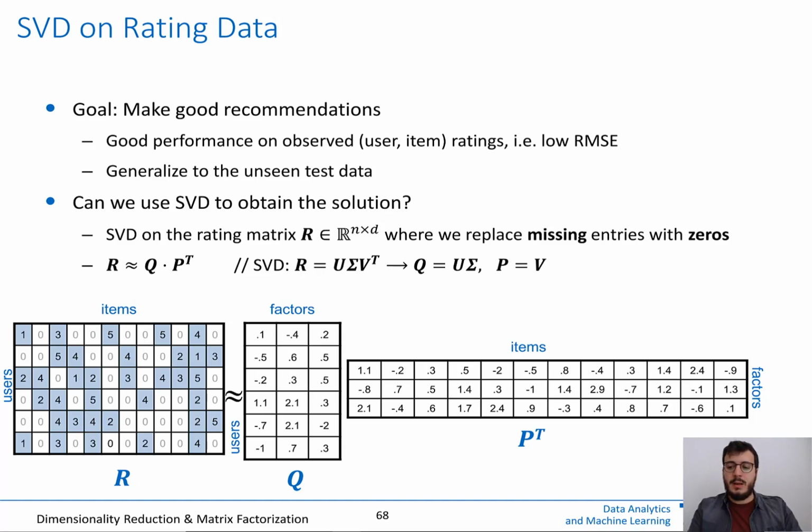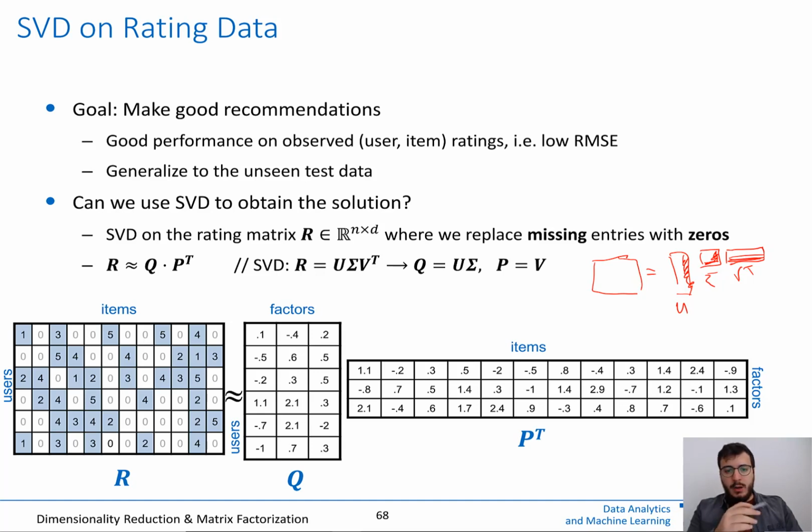Just again, as a reminder, any matrix can be decomposed into U, which is a unitary matrix, sigma, which is a diagonal matrix, and V transposed, which is also a unitary matrix. Once we've found this decomposition, we only keep the entries corresponding to the top K largest singular values.